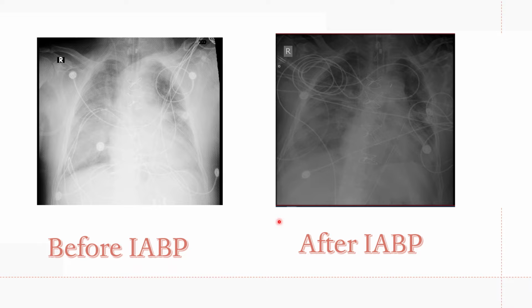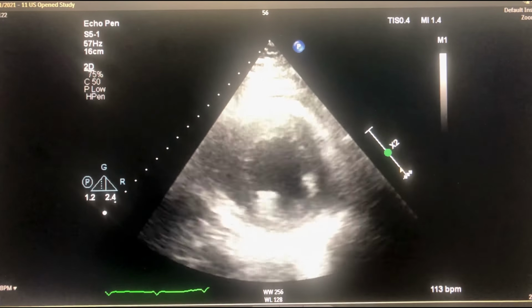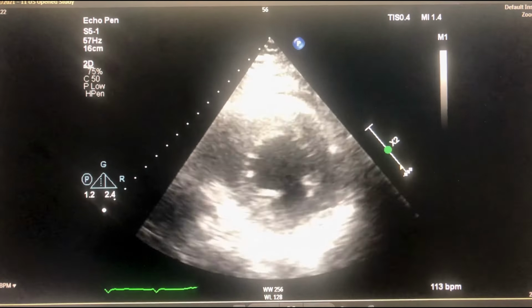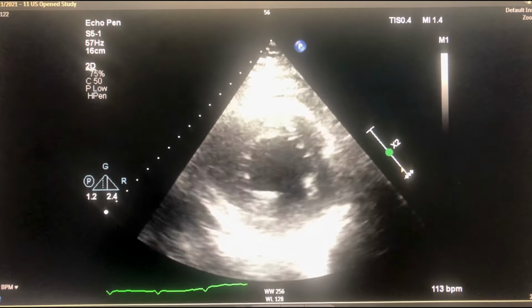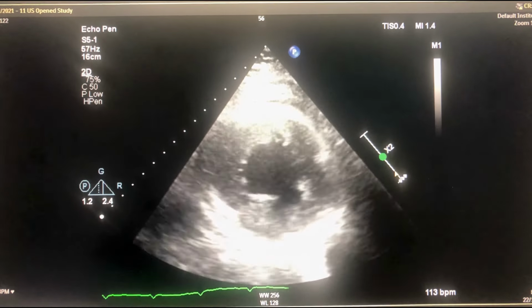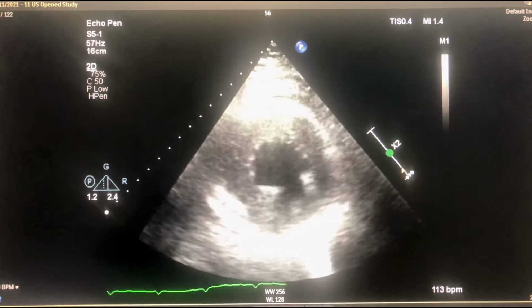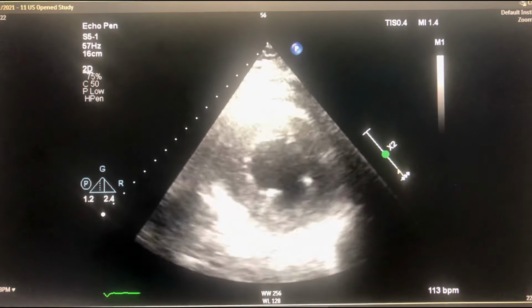After inserting the intra-aortic balloon pump, the lung started to improve, the white lung started to decrease, and the LV distension improved. This echo at the stage of removing the ECMO, before decannulation, shows markedly improved left ventricular function.